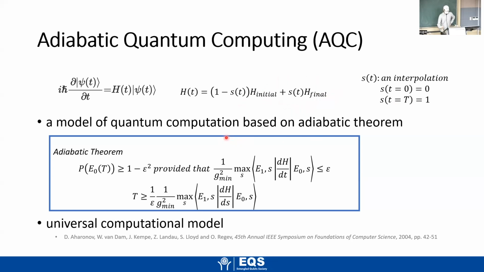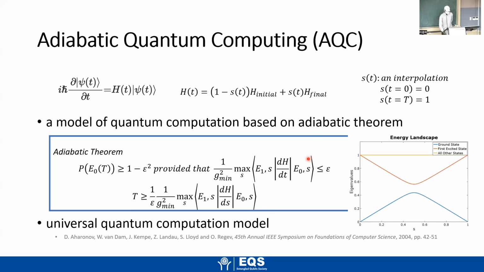Okay, so adiabatic quantum computing is a computation model based on the adiabatic theorem, which is given below. The adiabatic theorem gives us a probability with some error rate: the probability of the system being in the ground state at the final time, given that the error rate is bounded by this factor.